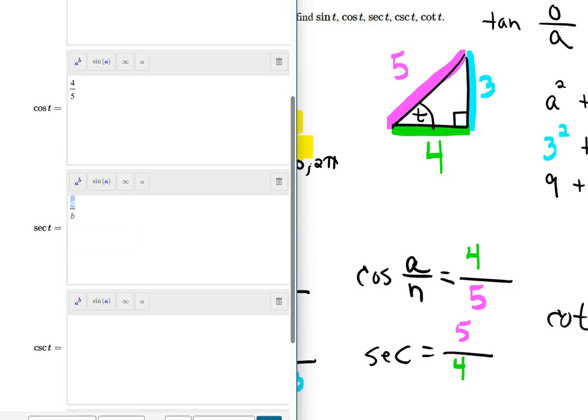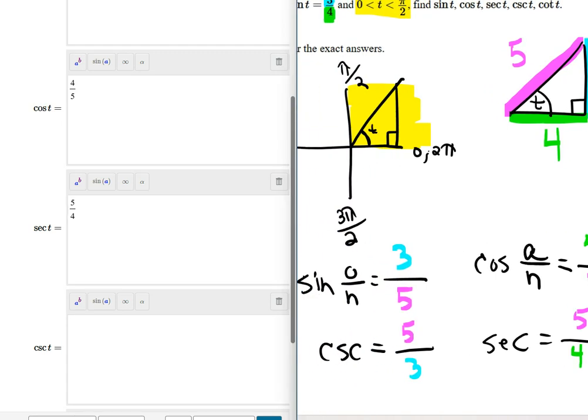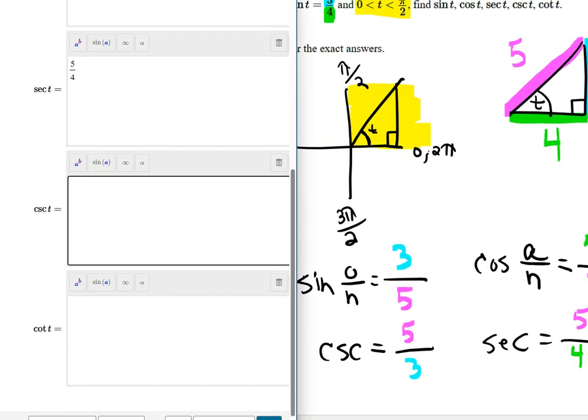I'm just looking for whatever answer I need to put in there. Cosecant is back over here. Cosecant is 5 over 3.